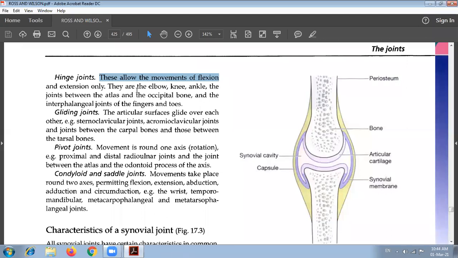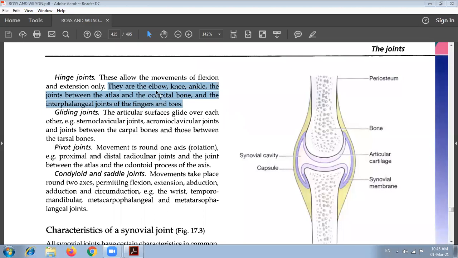These are the elbow, knee, ankle, the joints between the atlas and the occipital bone, and the interphalangeal joints of the fingers and toes. So hinge joints are present in all these regions.